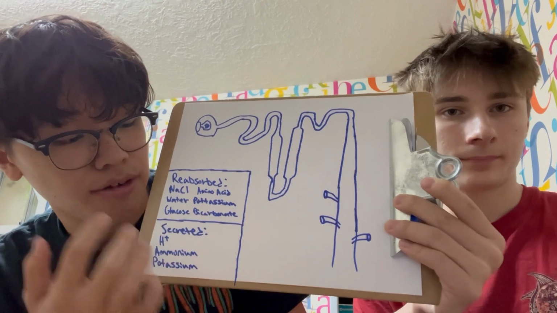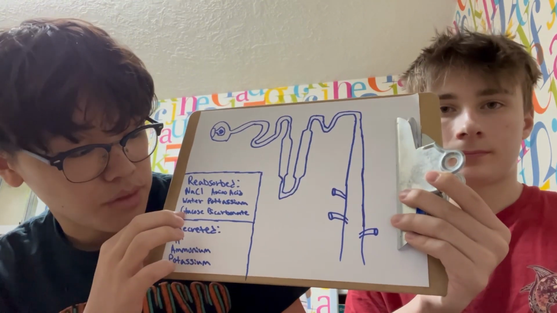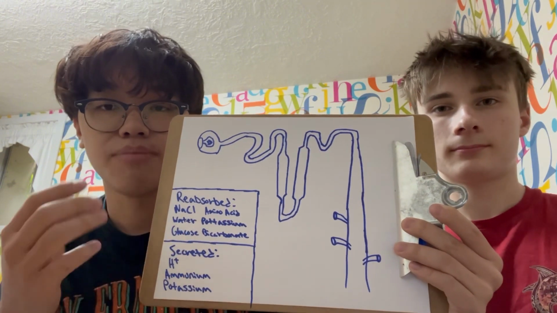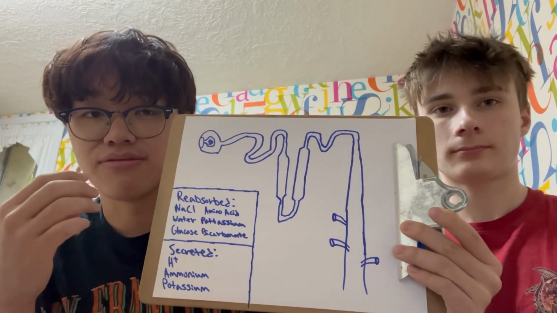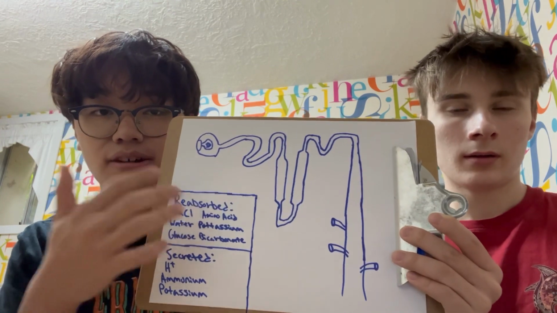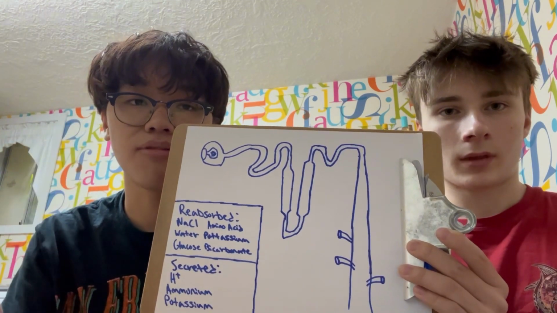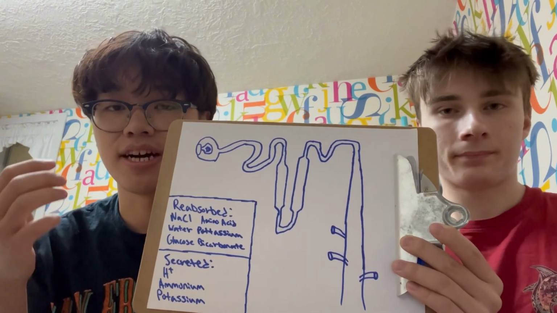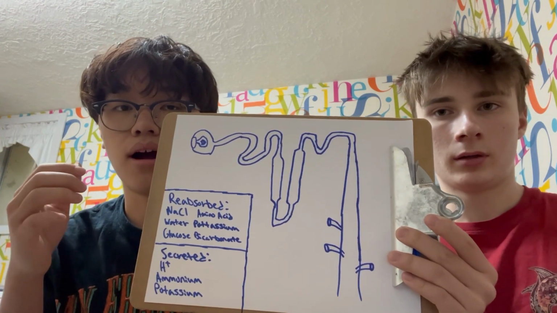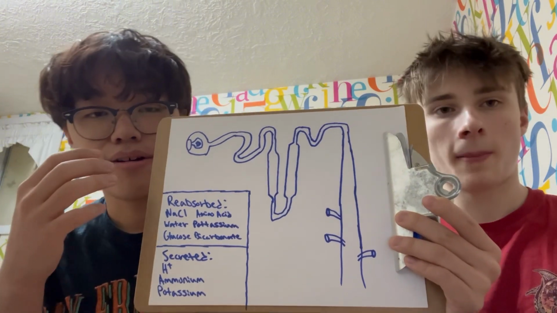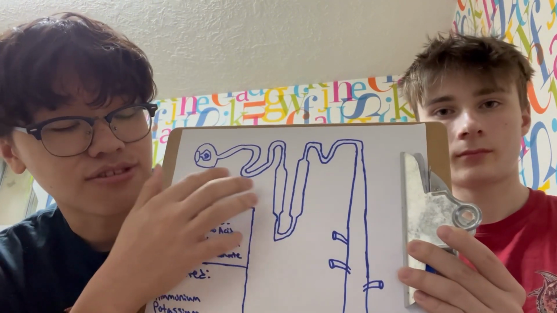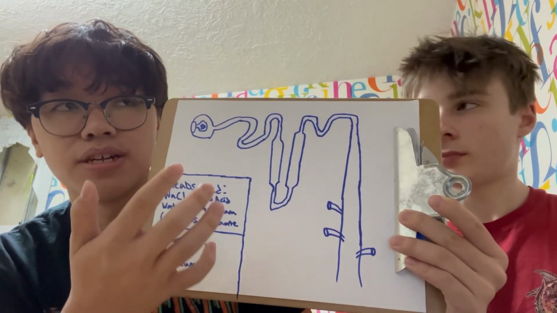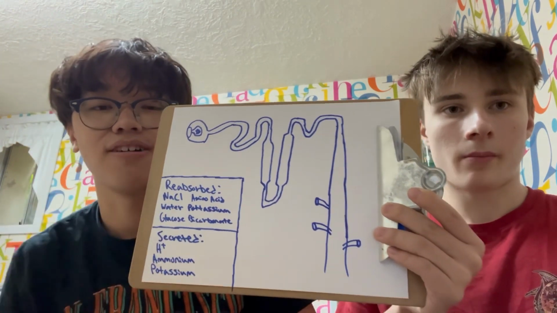So the sodium, amino acid, water, potassium, the glucose, and the bicarbonate. Everything gets reabsorbed by the interstitial fluid, basically getting sucked out of the filtrate and out of the nephron. And in the same process, it also secretes hydrogen and ammonium. This is again based on the actual interstitial fluid. Basically, secretion means it's actually going into the nephron, not going out of the nephron.